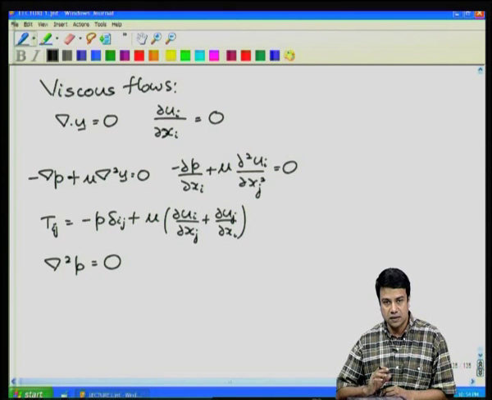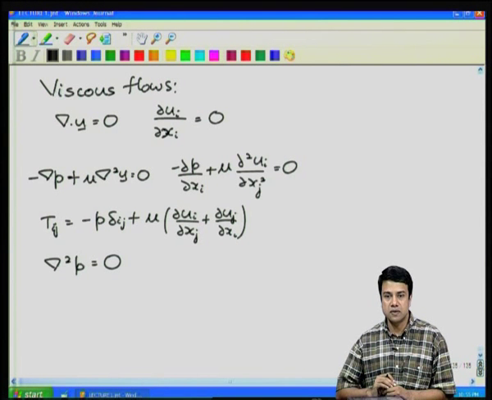and then if you know the pressure, you can insert that into the momentum conservation equation to get an inhomogeneous equation for the velocity. So, you have an inhomogeneous equation for the velocity: minus grad p plus mu del square u is equal to 0. The way to solve it is by separating out the velocity into a general solution plus a particular solution.